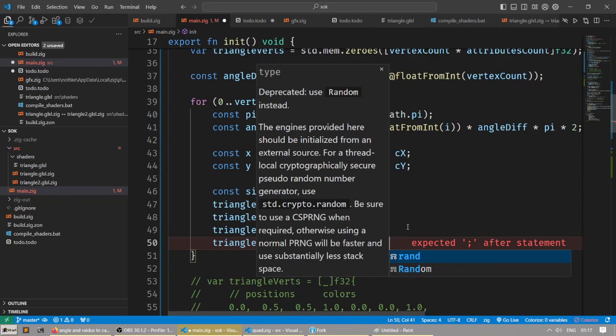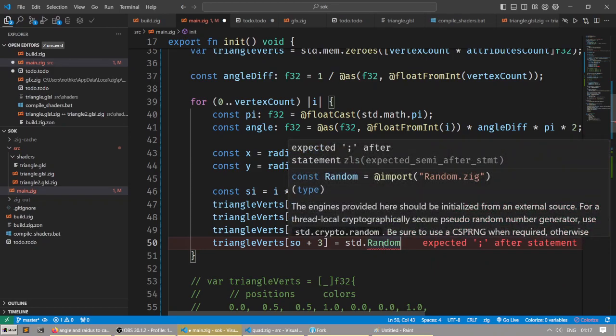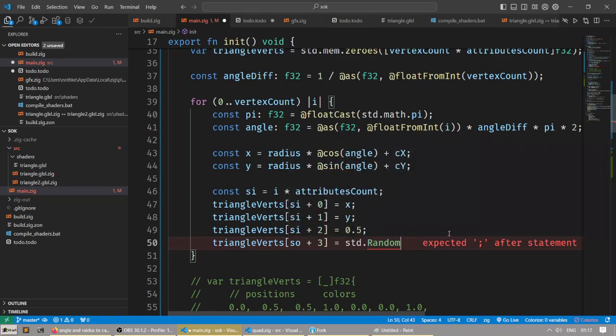Deprecated. Use random instead. The engines provided here should be initialized. Huh. Use random instead. Cryptographically secure. Nice. You should use something else. Okay.